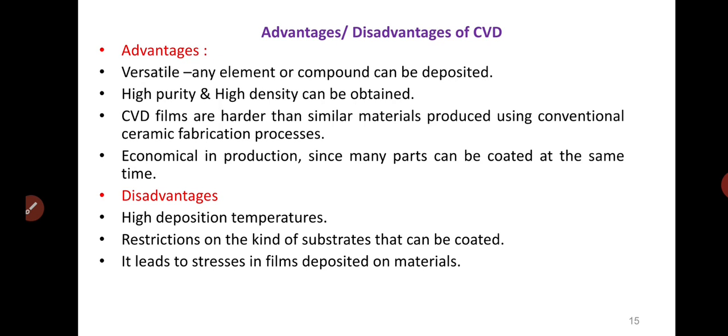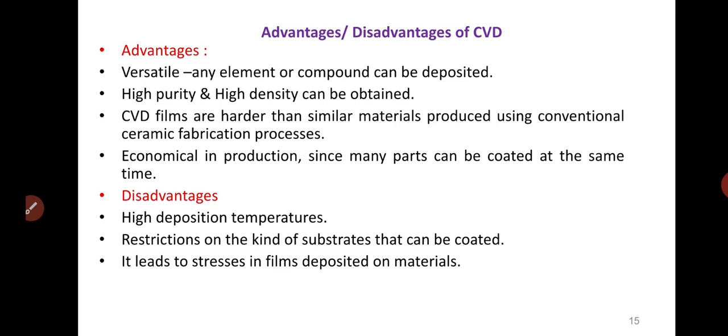Now, what are the advantages and disadvantages of this CVD method? The advantages are that this method is versatile, that is, any element or compound can be deposited. In this method, high purity and high density can be obtained. CVD films are harder than similar materials produced using conventional ceramic fabrication processes.